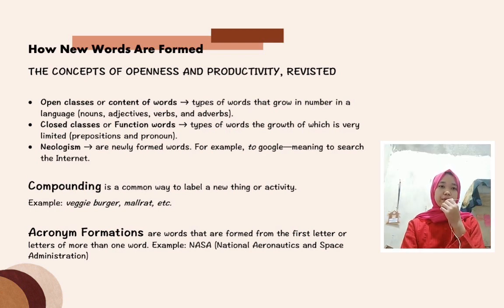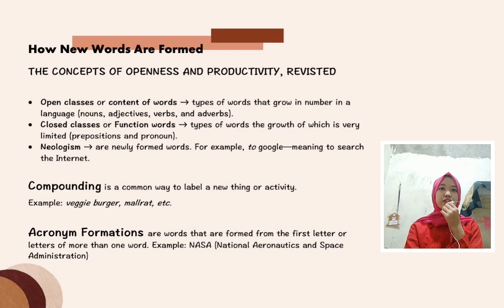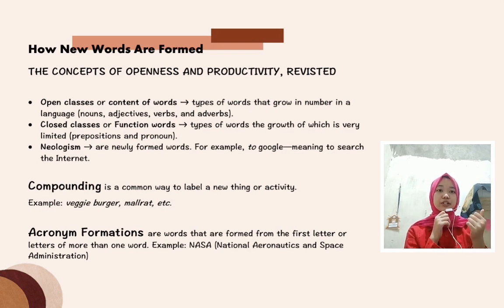The next topic is about compounding. What is compounding? Compounding is creating a word with more than one root. It derives a new word by joining two morphemes that would each usually be free morphemes. Here is an example of compounding. The word veggie burger consists of two morphemes, veggie and burger.